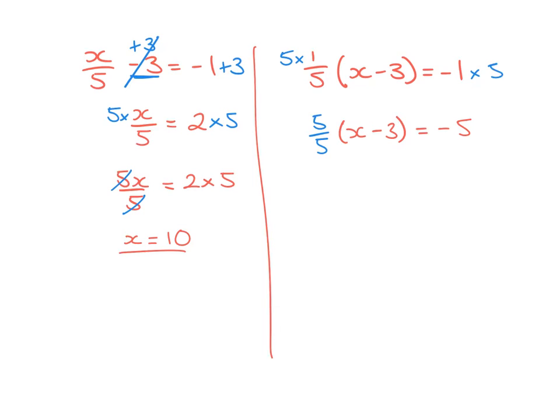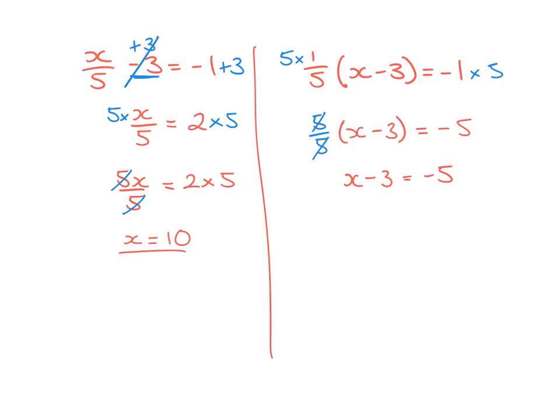Then you cancel that with fractions. Yep, so these will cancel. And what's 5 over 5? That's just equal to 1, isn't it? So now we're left with x minus 3 is equal to negative 5. Now we don't need the brackets anymore because we've got rid of this part at the front.